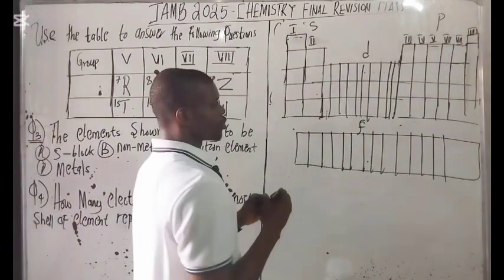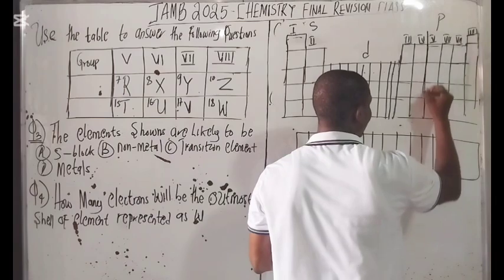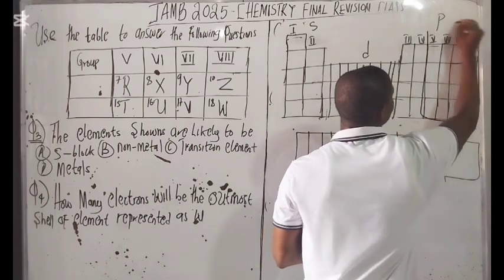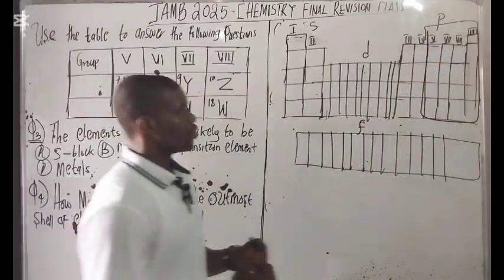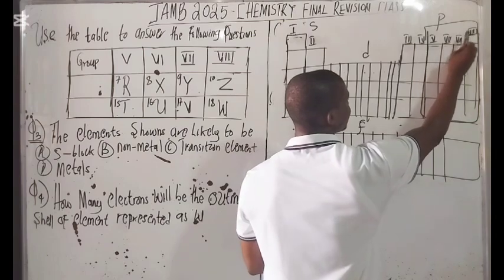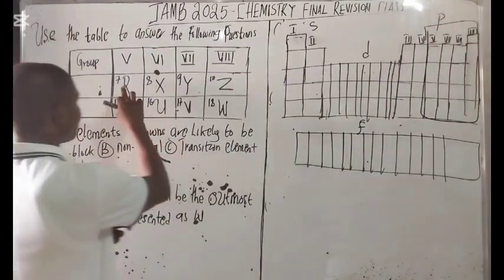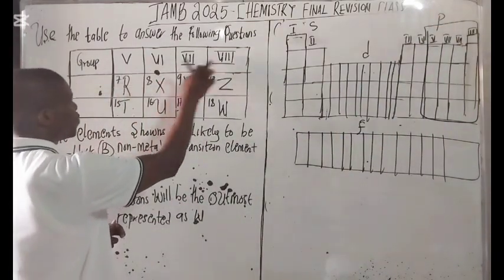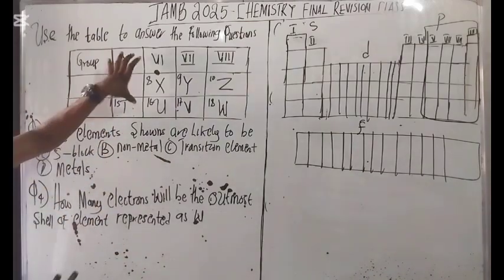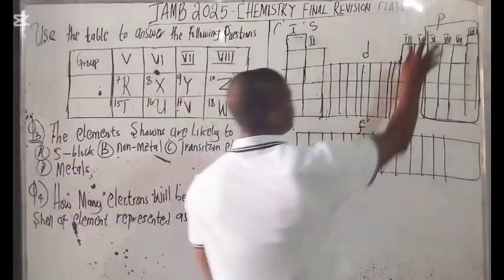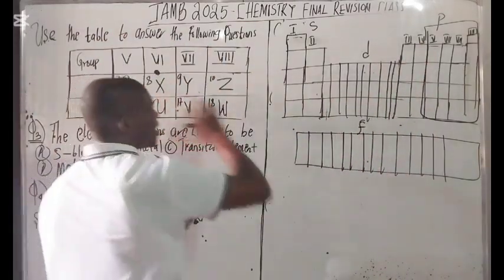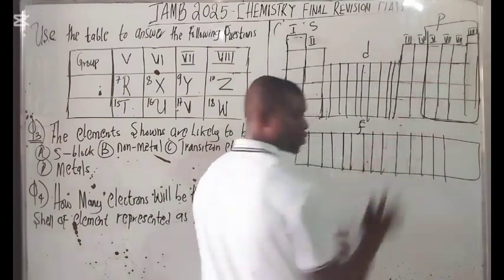Do you understand? So from here to here, this is what they are talking about in that question. Just 5, 6, 7, 8. So this is the P block. All the things you are seeing here are in the P block.